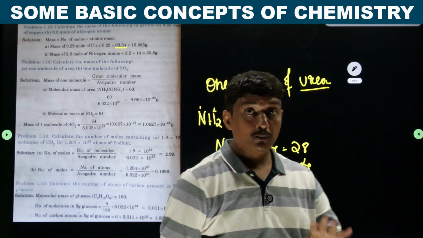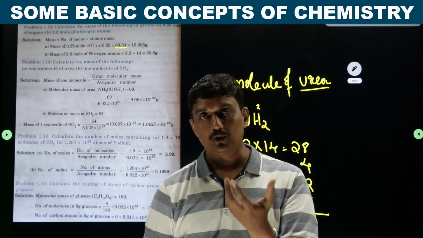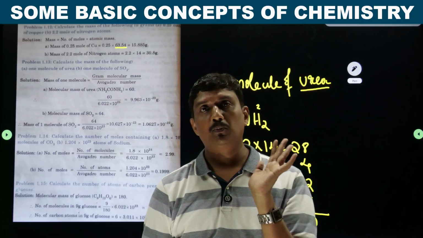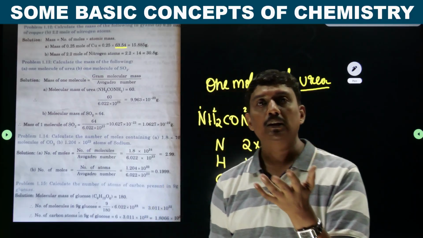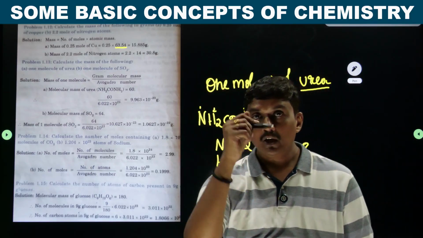Actually, you should be familiar with the molecular masses also. Some of the common molecules and compounds are given, and their molecular mass should be known. In NEET, CET and JEE, you may not get sufficient time to calculate.